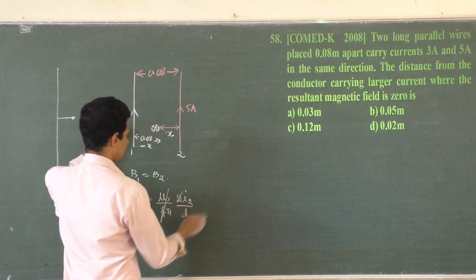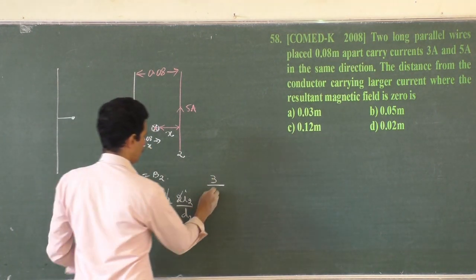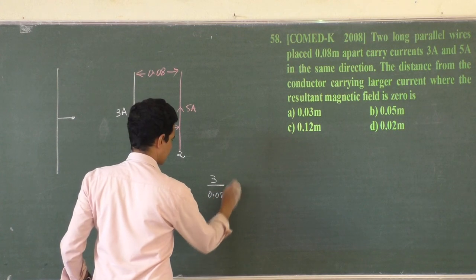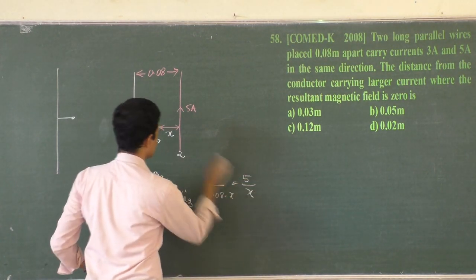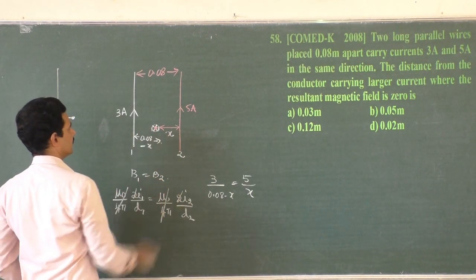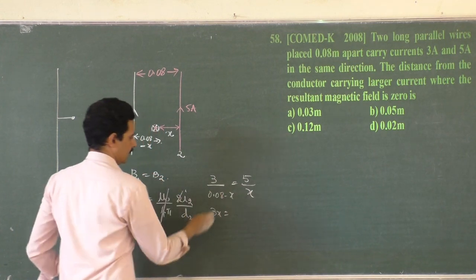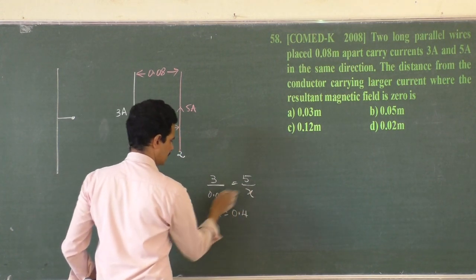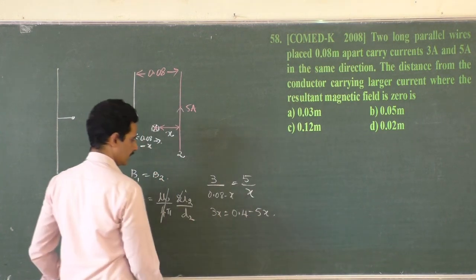So more, which one? 3 ampere divided by this one, 0.08 minus x, that is equal to 5 ampere divided by x. From here x, here 0.08 minus x. Multiply them, 3x is equal to 0.08 into 5 minus 5x.